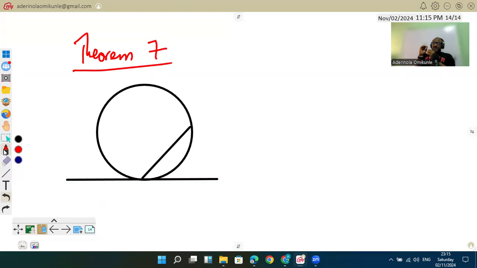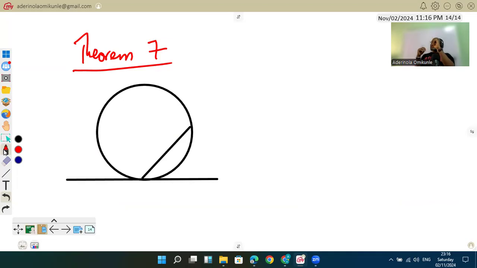A line that goes through the circle but does not pass through the center is a chord. It's different from a diameter, though the diameter is also a chord. The diameter is a chord that passes through the center. But that's not what we're looking at. I'm just saying that at the point where the tangent touches the circle, you draw a chord.